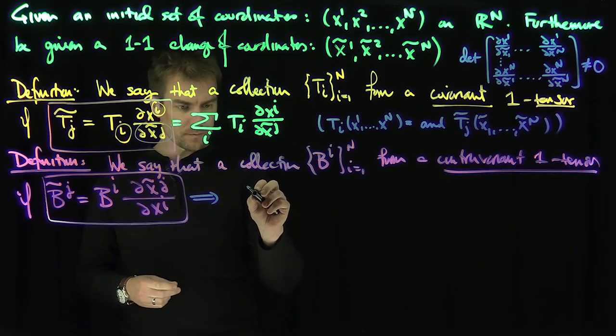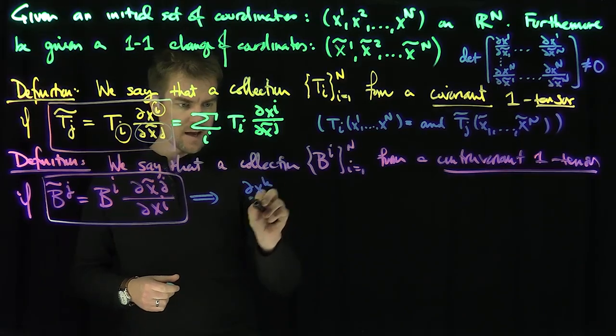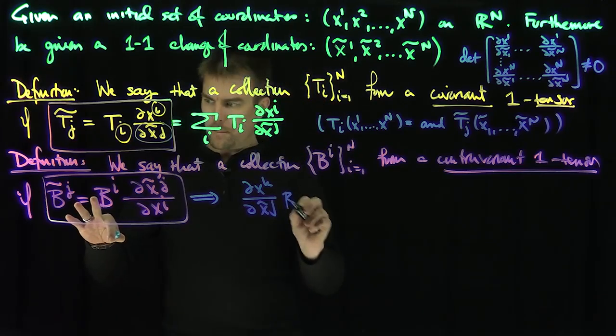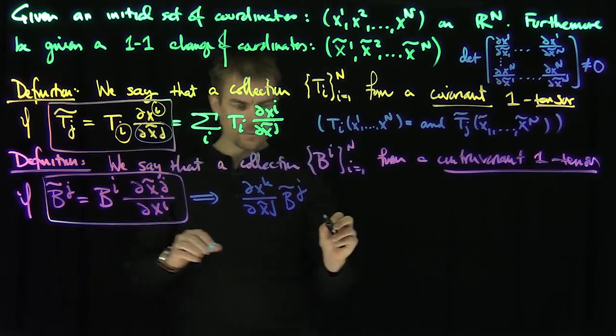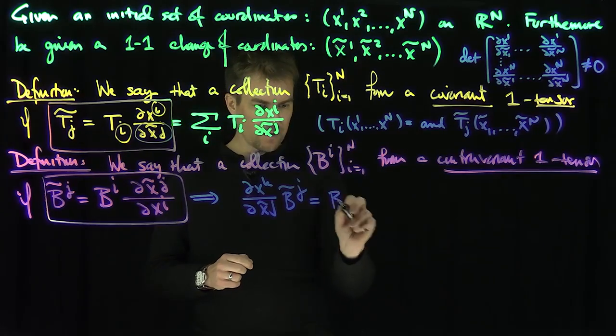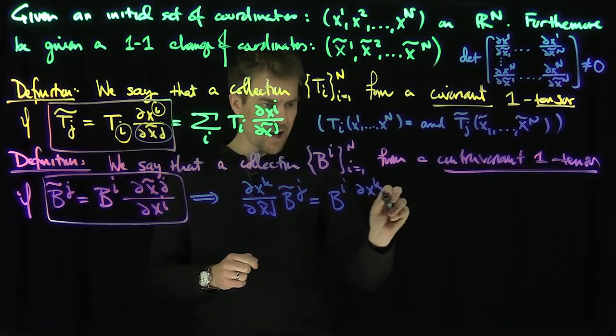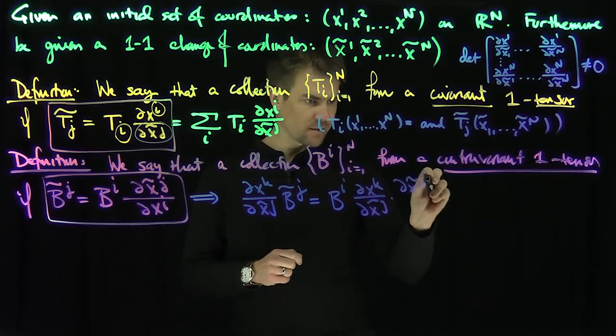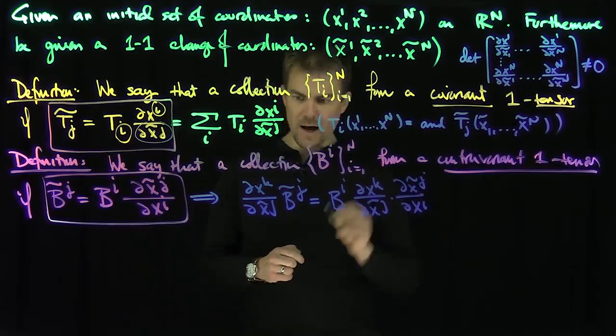So I'm going to do a partial xk, partial xj tilde to both sides, to make sure the indices are in the right order, to the b tilde j. It's going to be equal to what? It's going to be equal to bi, and then partial xk, partial xj tilde, partial xj tilde, partial xi.